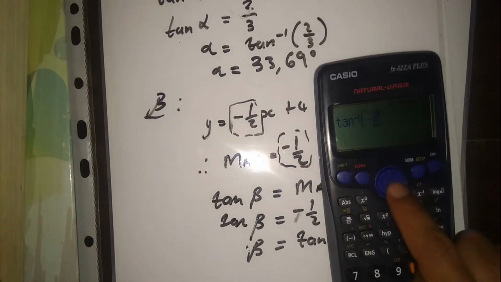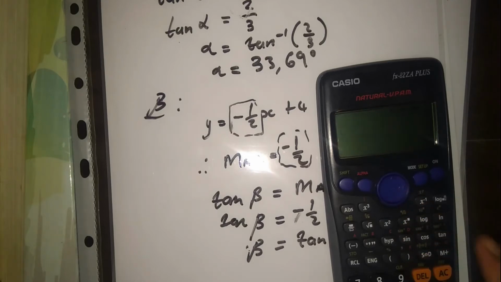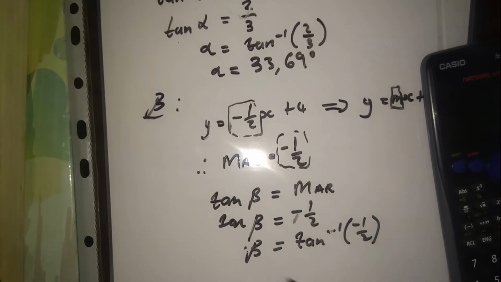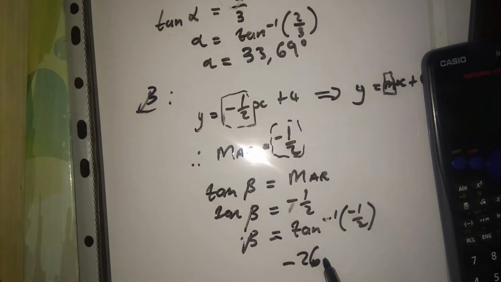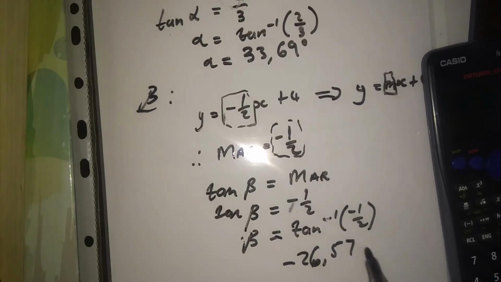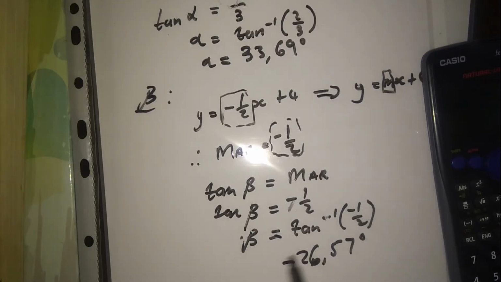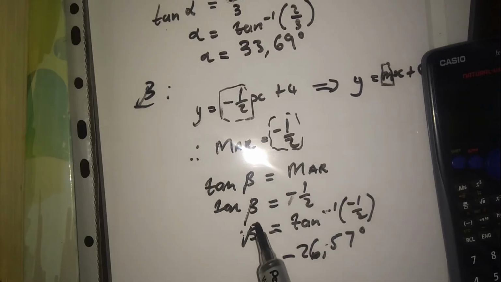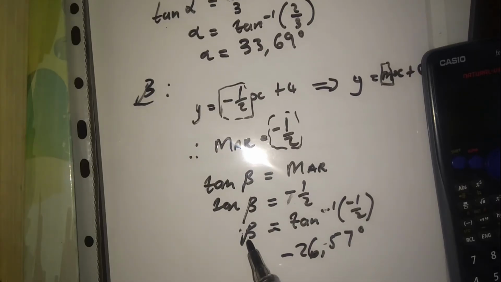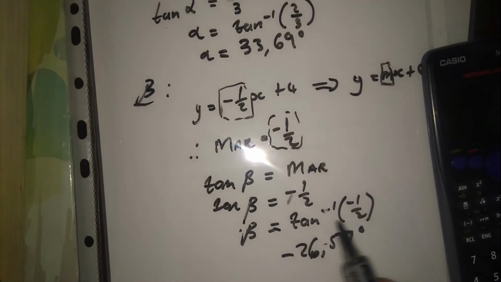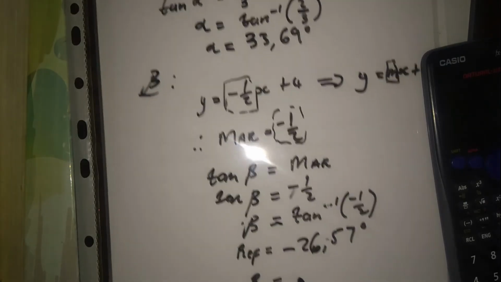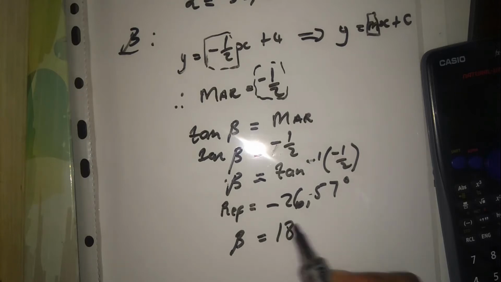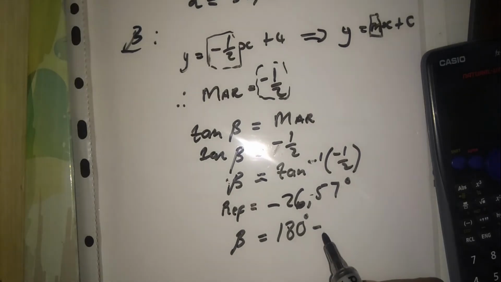Tan inverse of minus 1/2. Answer siyitholayo na iba negative 26.57 degrees. But this value of beta kwamele be more than 90 but less than 180. So this value, it's actually what we call the reference angle. So this reference angle sizoyithatha si subtract no 180 degrees.